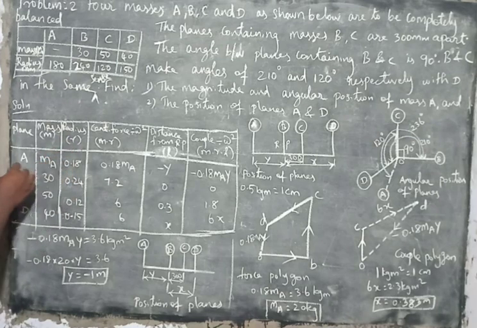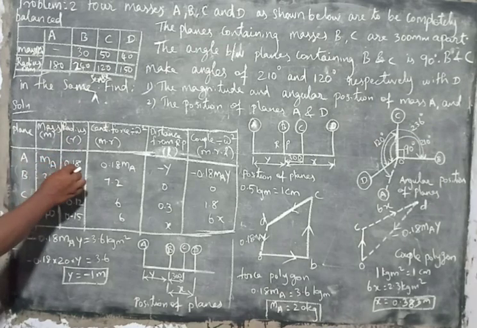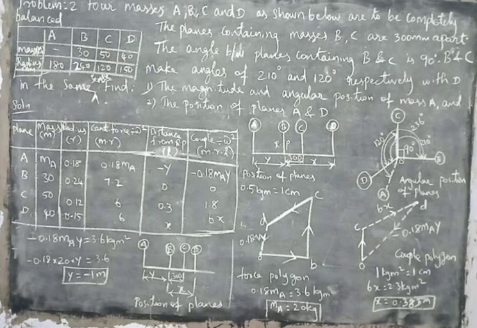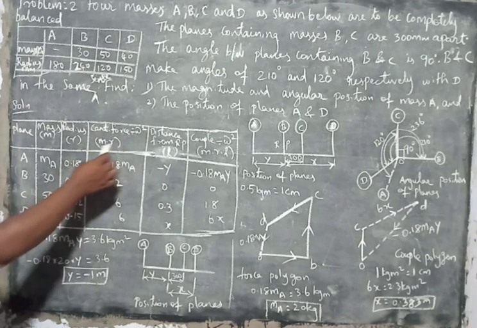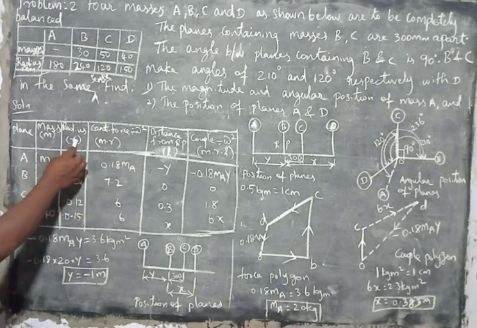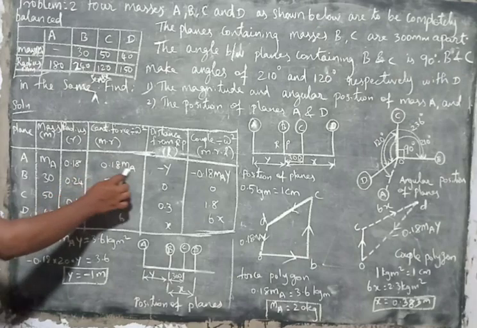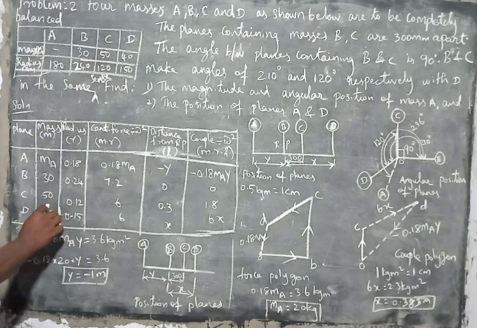Radius: A 0.18 meter, B 0.24 meter, C 0.12 meter, D 0.15 meter. For centrifugal force per omega square, we need to multiply mass and radius. Directly multiplying gives 0.18 MA, 7.2, 6 and 6, right?